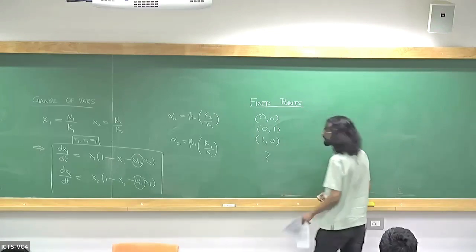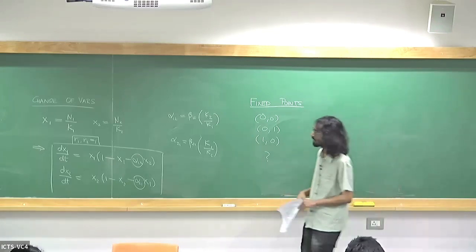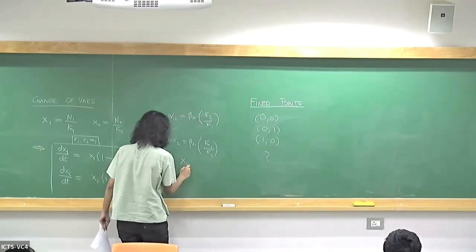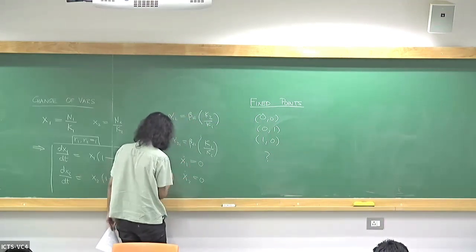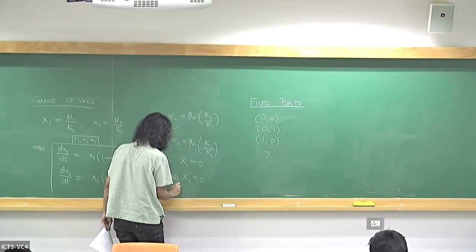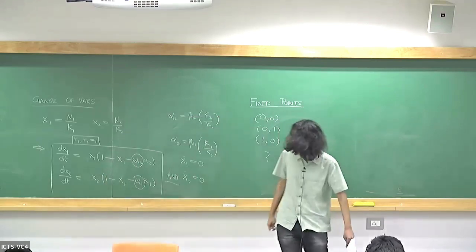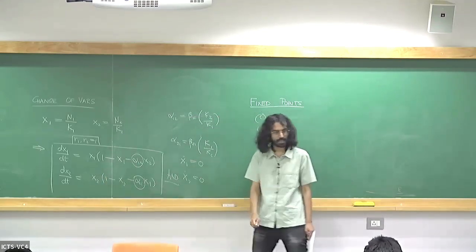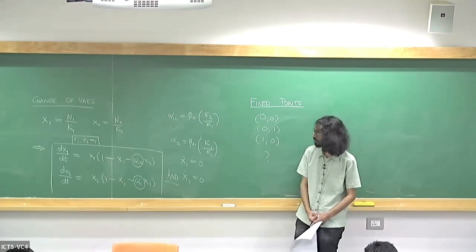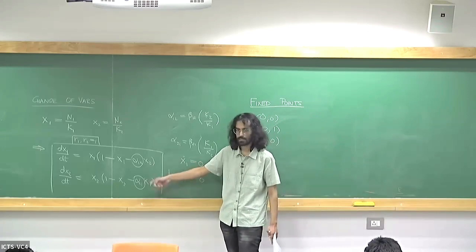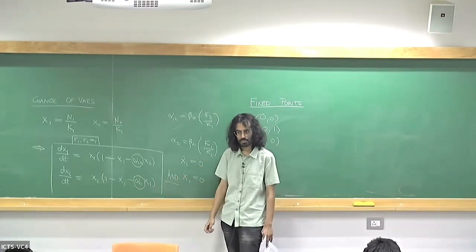So what do I need to do to look at these fixed points? I need to set x1 dot to 0 and x2 dot to 0, right? And I need to satisfy both of them. So of course, one way to make that happen is for x1 and x2 to both be 0. What's the other way? The terms in the parentheses can be 0, right?